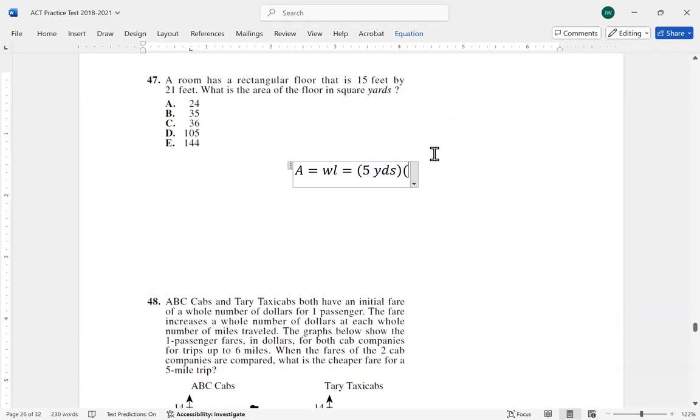And the other side of the floor, since it's 21 feet, divide that by 3, that'd be 7 yards. 5 times 7 is 35, so we get 35 square yards as the area of this floor. And that's option B. So option B is the correct answer to question 47.